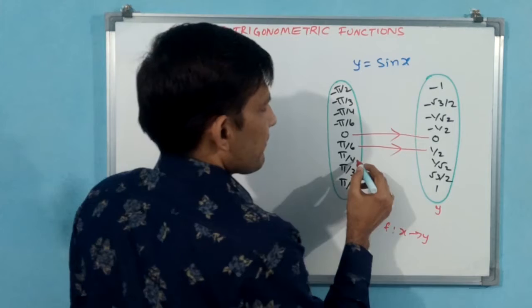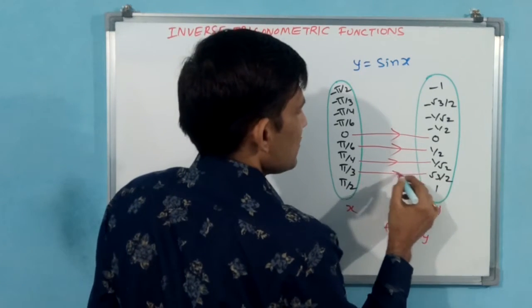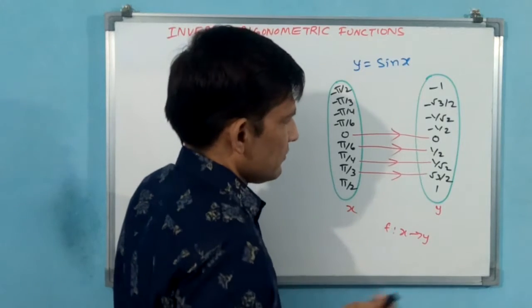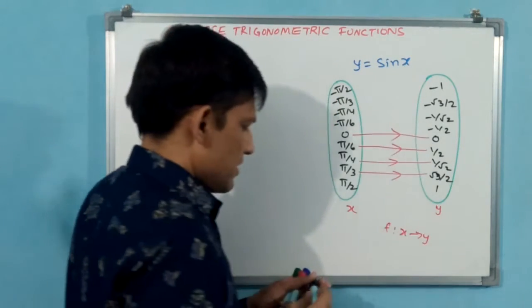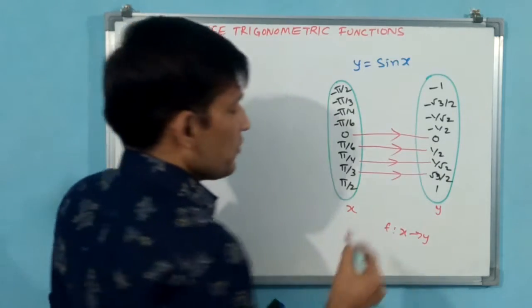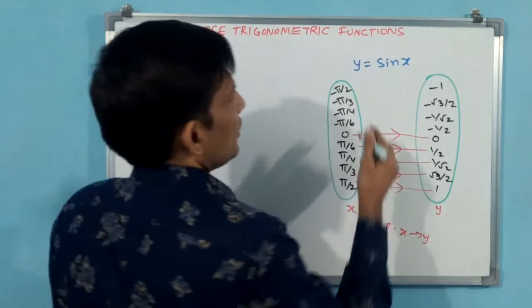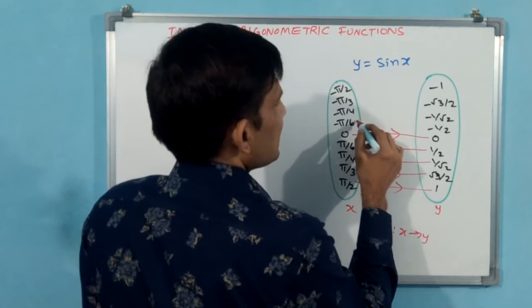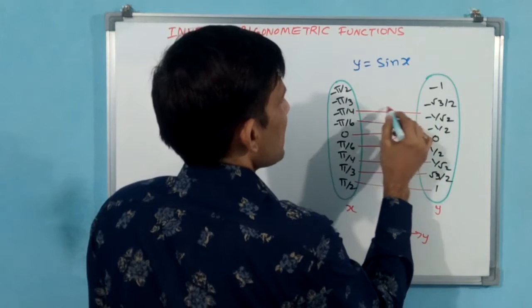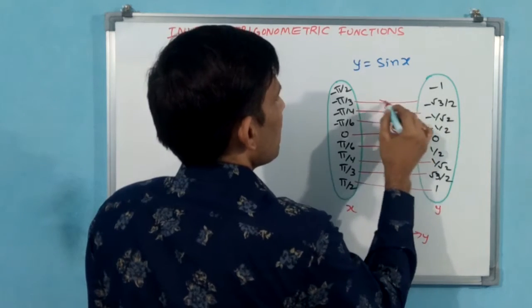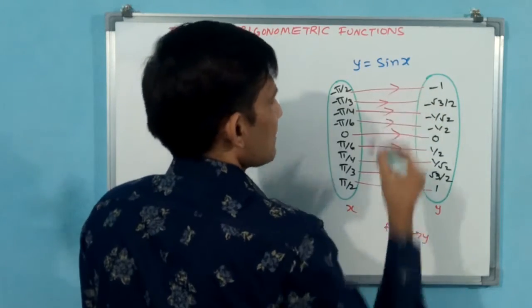If I give pi/4, 45 degrees, 1/√2. 60 degrees, √3/2. If I give 90 degrees, 1. You go back: -30 degrees, -1/2; -45, -1/√2; -60, -√3/2; -90, -1.